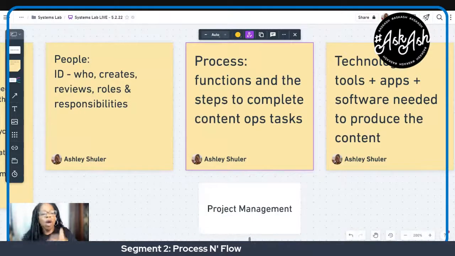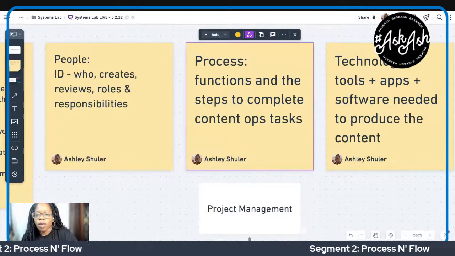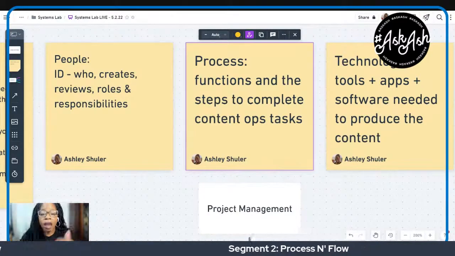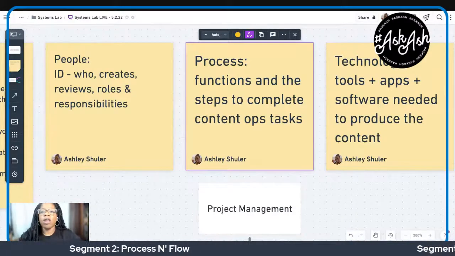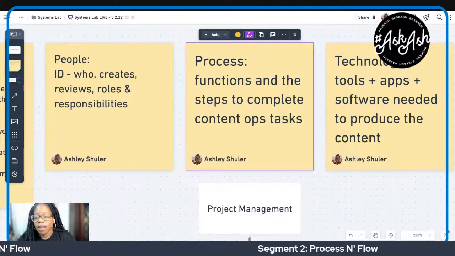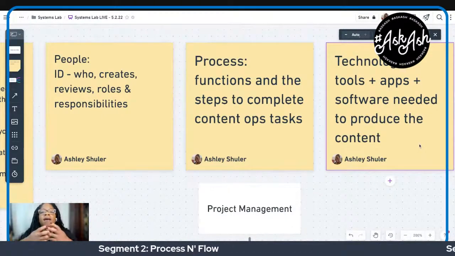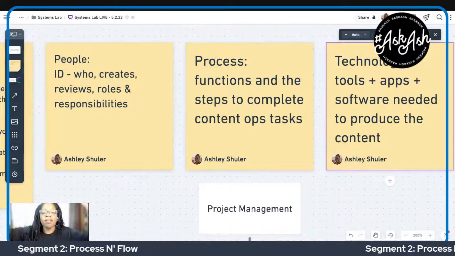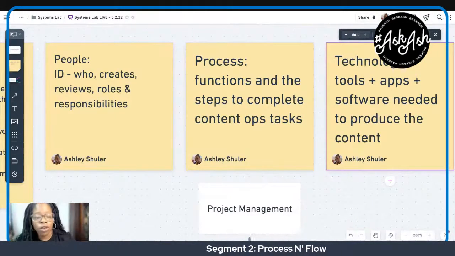So that you know who is supposed to be doing what, what's the handoff, who's responsible for this, how does it get reviewed, what's the definition of a task being done. And then the technology. What are you using that's going to help leverage the process so that people can be productive and efficient in the work that they're doing?